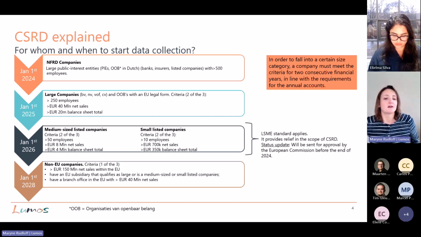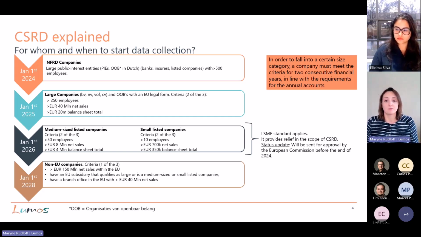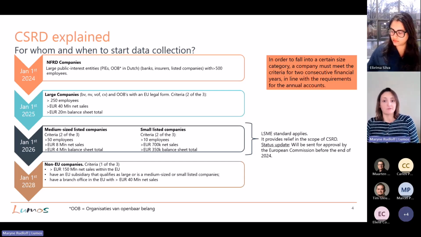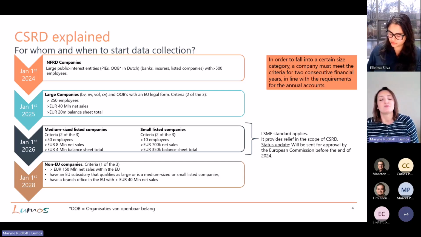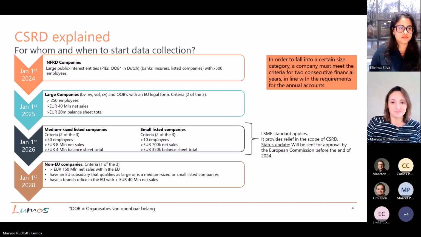So if you have to report as of 2026, then you need to already start collecting your data from 1st of January 25. And before that, you also need to do a lot of pre-work to make sure that you're prepared. So don't start too late. That's my advice, to make sure that you have a good quality reporting.